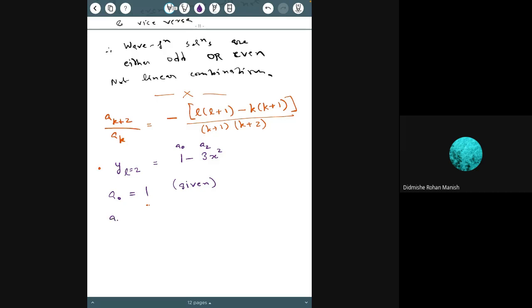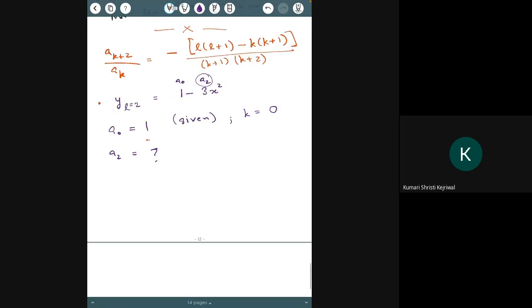Then a2, what value of k are we taking? k equal to 0, because I want to find a2, given a0 equal to 1. I want to verify that a2 is equal to minus 3 from the recursion relation.